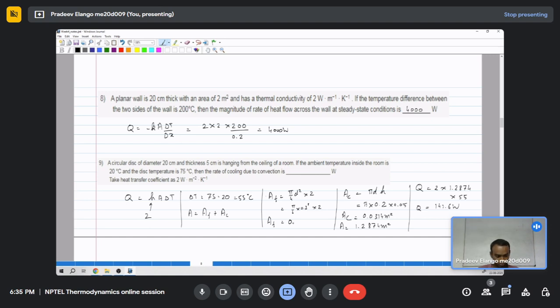So this is 0.0628 meter square. So this comes to be around 10.36.